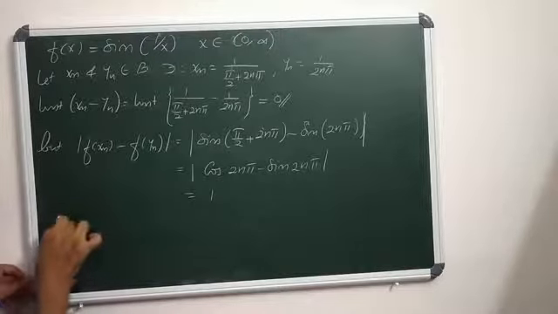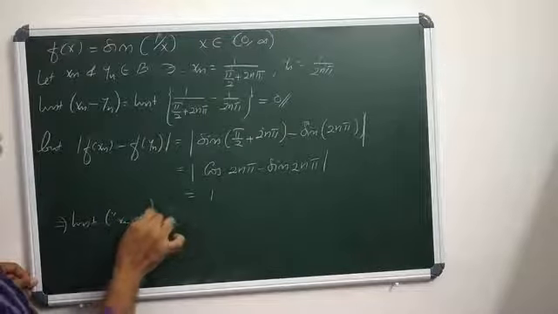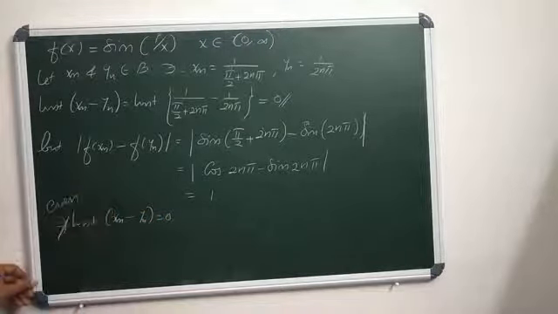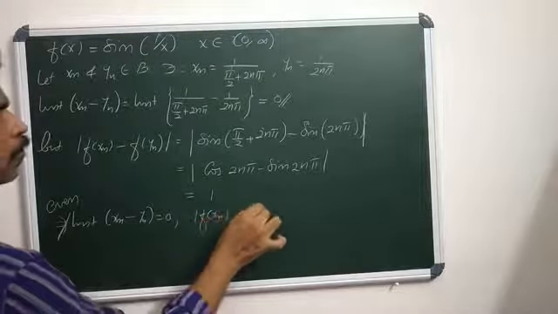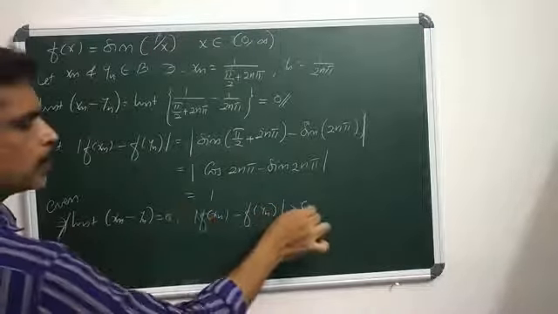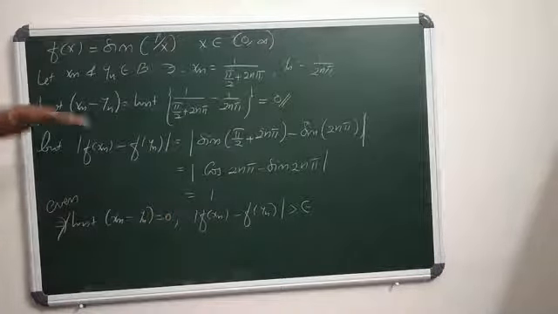So even though the limit of xn minus yn equals 0, modulus of f of xn minus f of yn does not converge to 0, that means it is greater than epsilon. So by the criterion of non-uniform continuity, the given function f of x equals sin 1 by x in the given domain is not uniformly continuous.